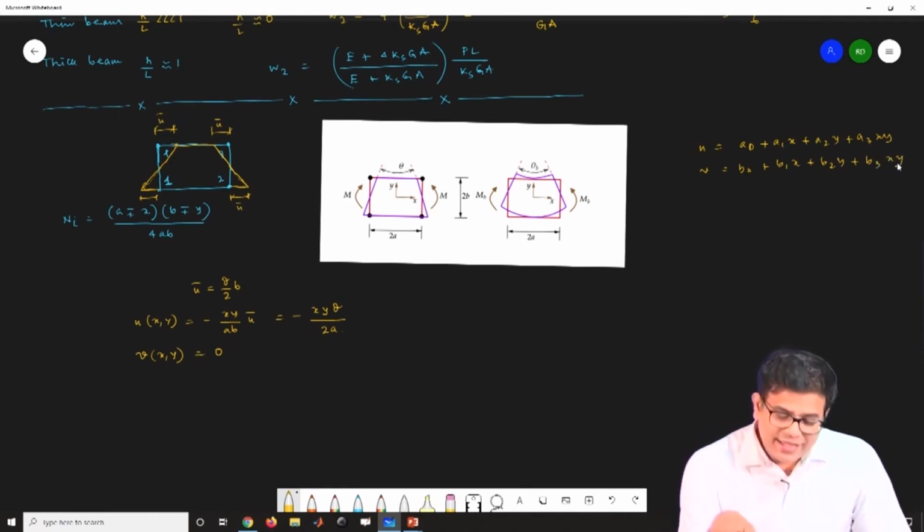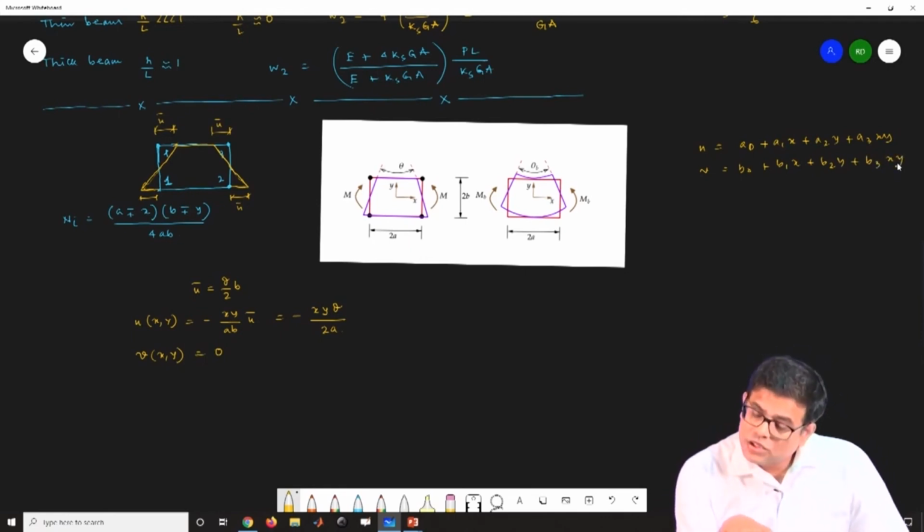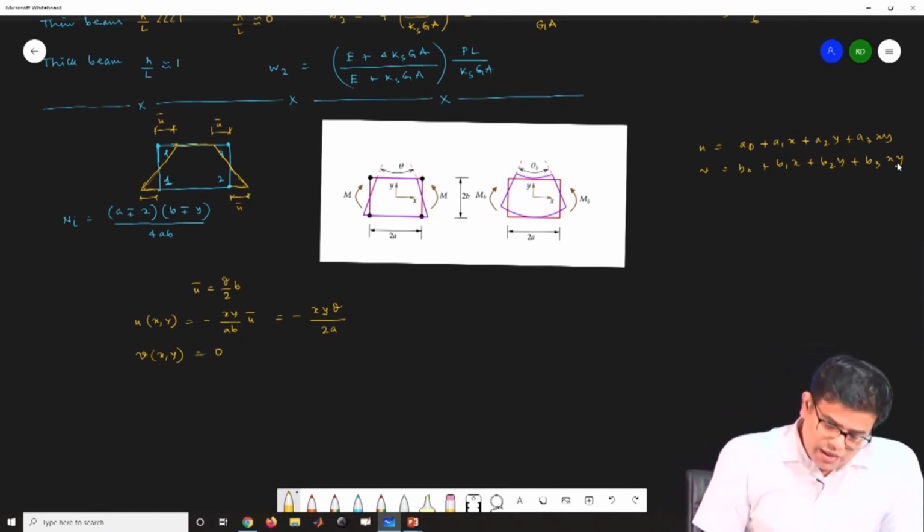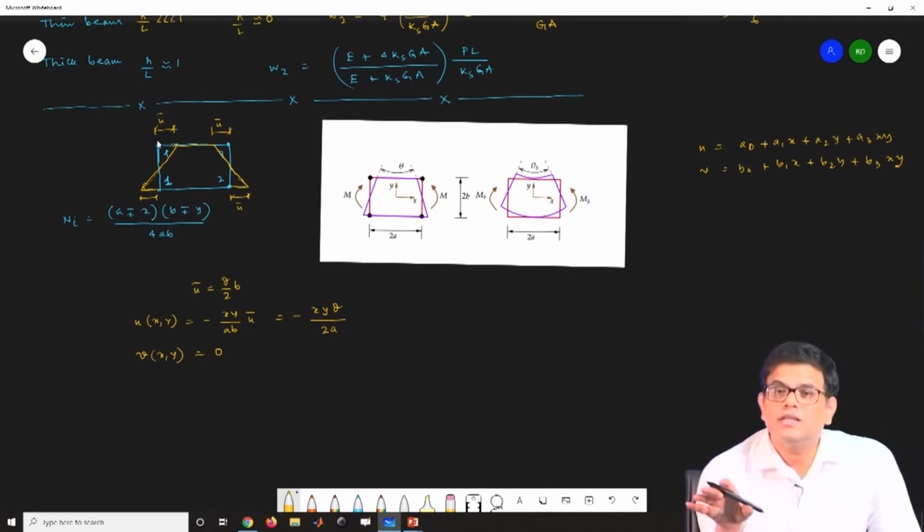Keeping x constant, it represents only a linear term. So there is no way it can represent the bending deformation, the bending mode, or this curvature.